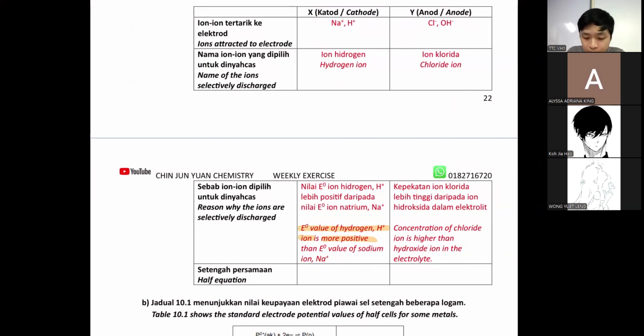And then for the other one, concentration of chloride ion is higher than hydroxide ion in the electrolyte. Yes, this is how I explain.